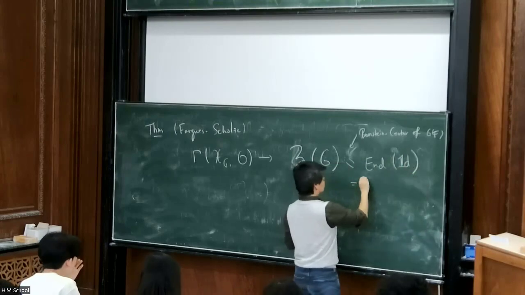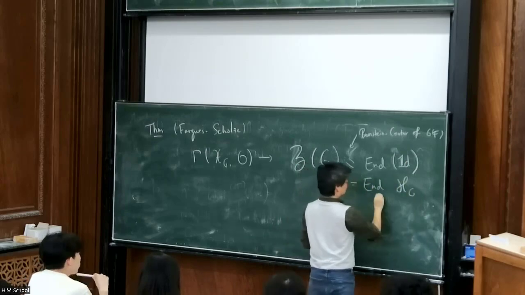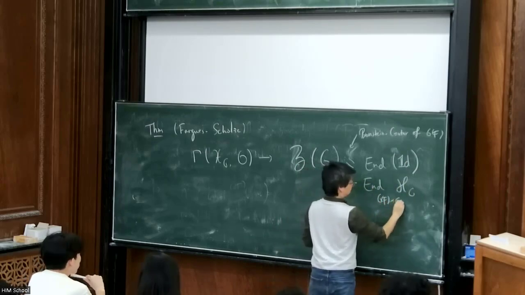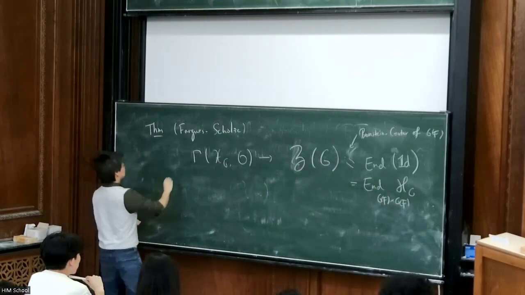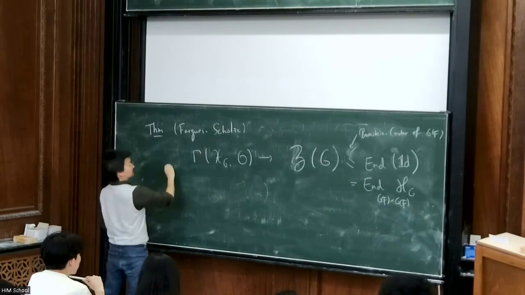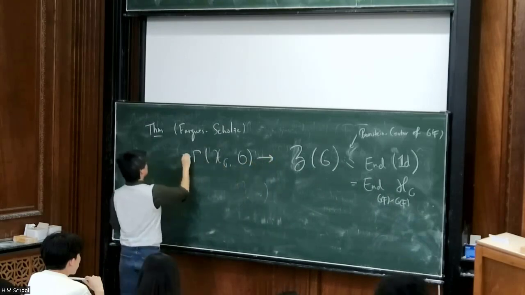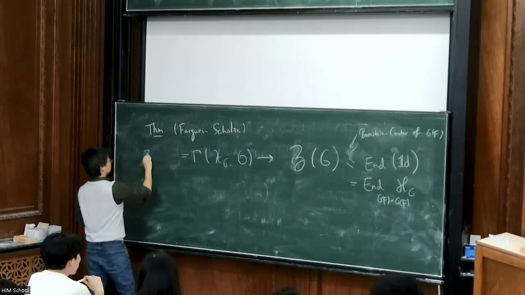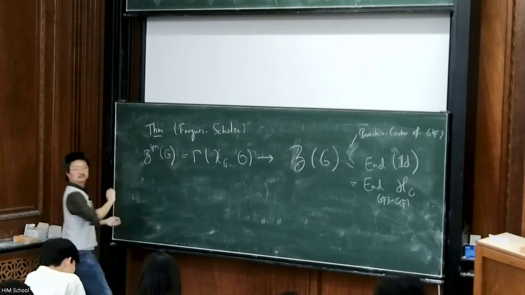Or maybe you can also say it's the endomorphism of this Hecke algebra, smooth G(F) representations. And then there is such a map, a ring homomorphism. This is, I guess, nowadays denoted by the spectral Bernstein center, the ring of functions.